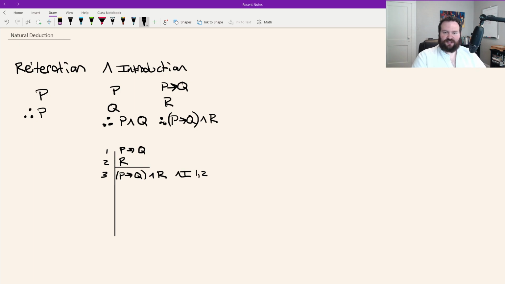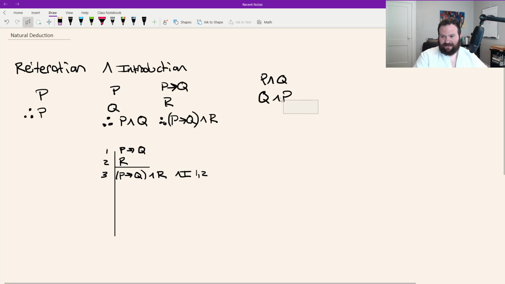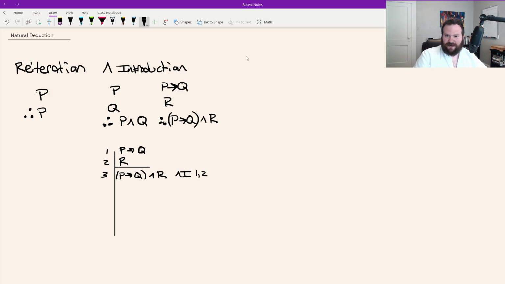conjunction is symmetrical, which means that this, P and Q, means the same thing as this, Q and P. There is no difference in terms of their truth values. However, when we're making proofs, it's important that you do things in the right order, right? So you should write 1, 2 here instead of 2, 1, right? Just technically speaking. However, you could have written this.